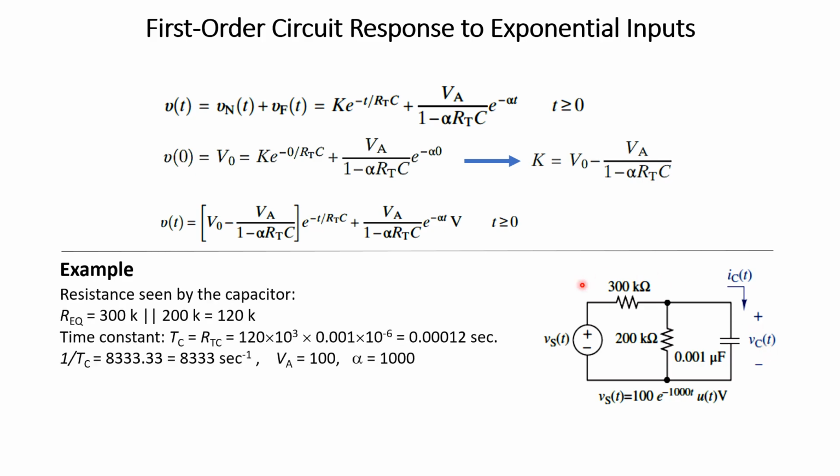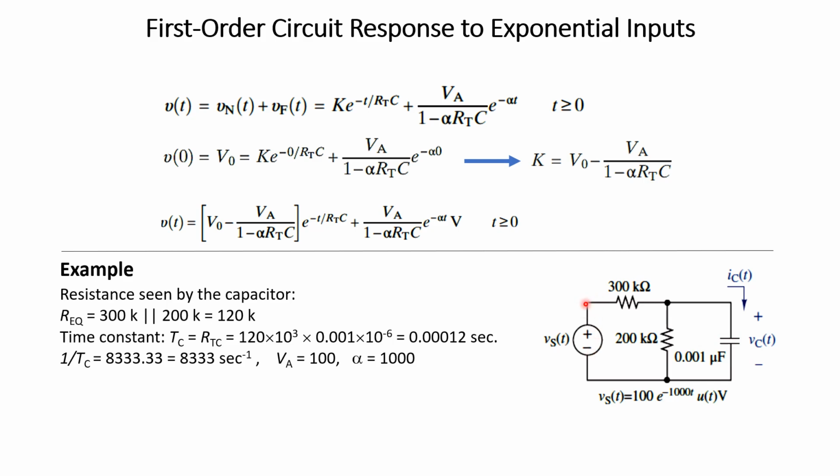Now in here we have one capacitor and more than one resistor. In order to determine the time constant, as we discussed in the previous lecture, we will see what is the Thevenin resistance seen by the capacitor. In doing so, we eliminate the voltage source.